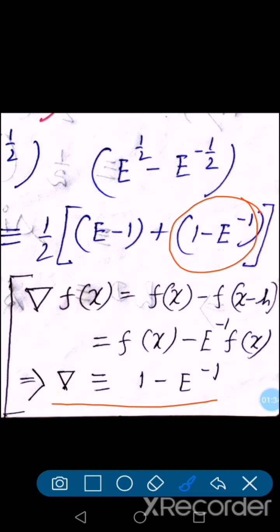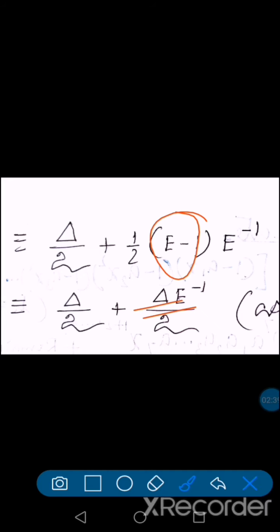Second part comes from here itself. Half of E minus 1 equal to delta by 2, and 1 minus E inverse is equivalent to E minus 1 by E, which means mu delta is again equivalent to delta by 2 plus half of E minus 1 of E inverse.